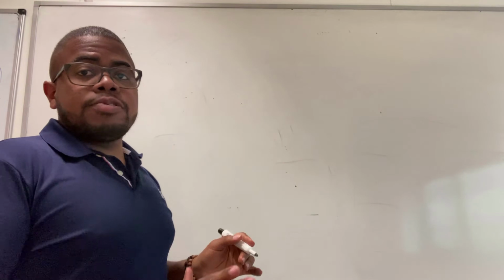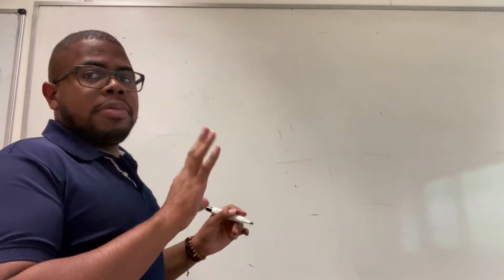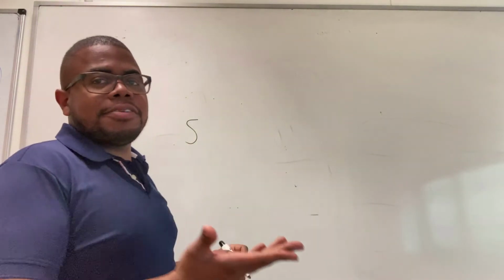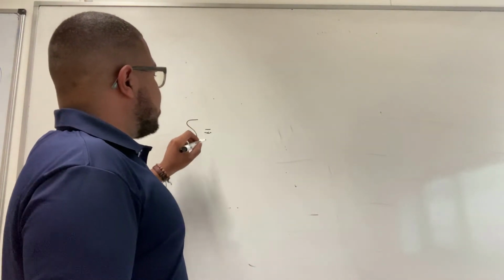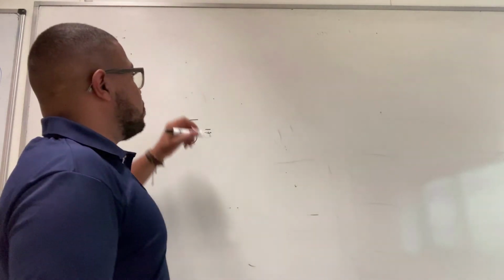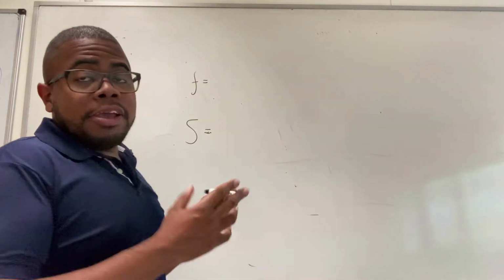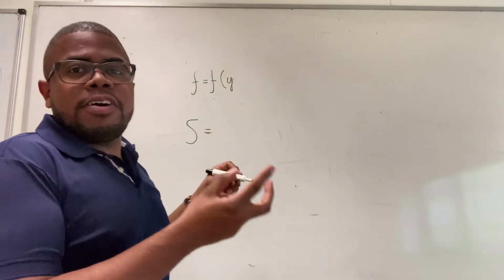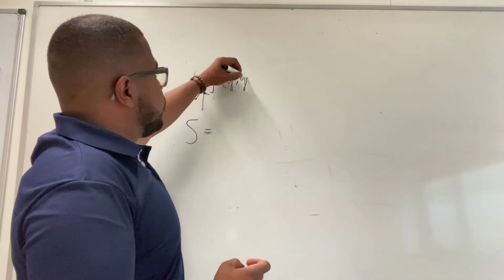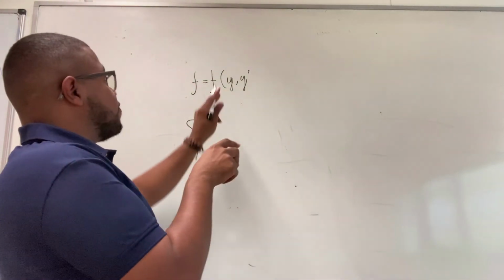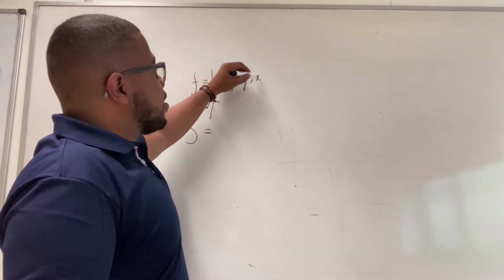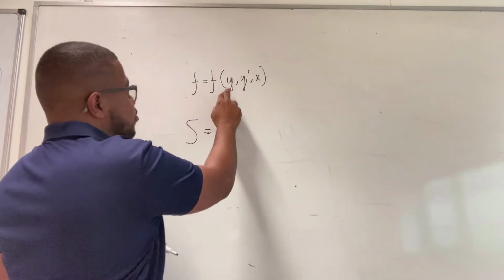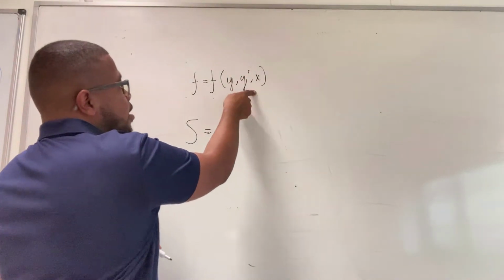So say you have an integral like the one which we saw before with length, but instead we're going to call it an integral that is defined as S instead of L. This integral, we say it's dependent on a functional, let's say, F, that encompasses y, which is itself a function of x, y prime, which is the derivative of the function y, and x, the position. So we have F be a functional that is dependent on the functions y, the derivative of y, and x.